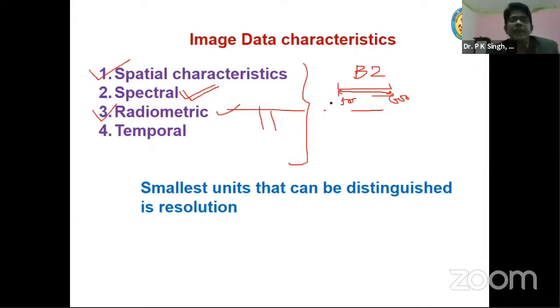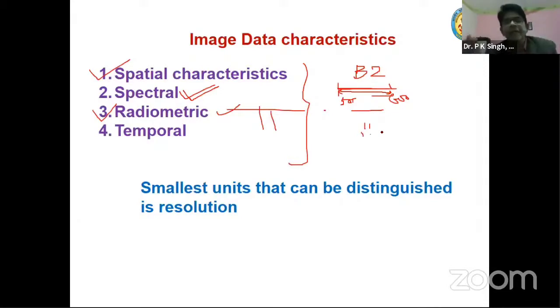The narrower the band, the higher the resolution. That is why for hyperspectral, the resolution is very high. The width here is 100 nanometers. There it may be 5 nanometers only. From 500 to 505, 505 to 510, 510 to 515, 515 to 520.